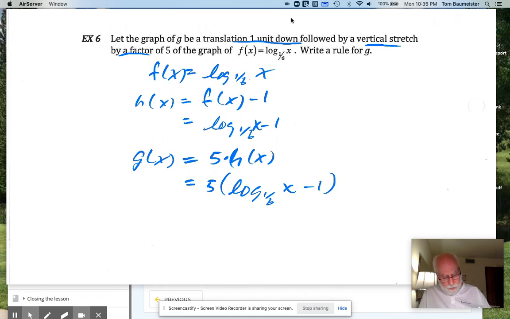And to simplify that one again, remember if I distribute that 5 through, I can't attach it to the x, but I can write it as 5 log to the base 1/6 of x minus, and again, I'll distribute it to that negative 1. So that will give us negative 5.